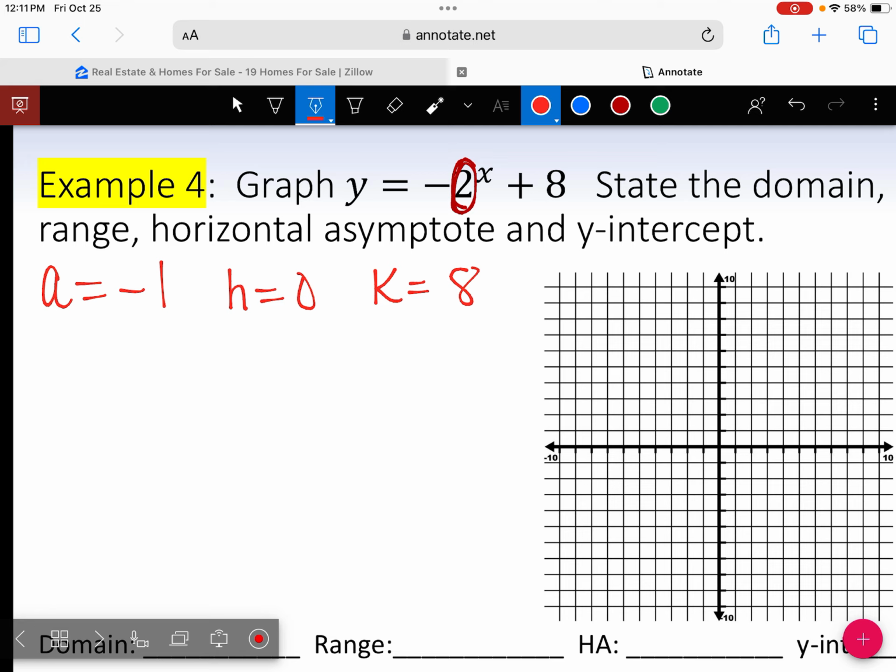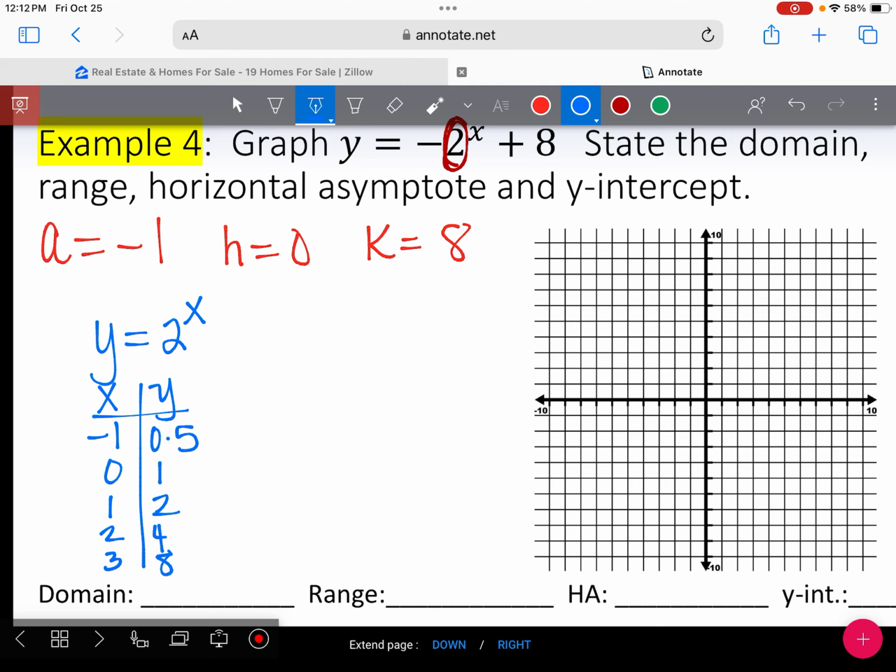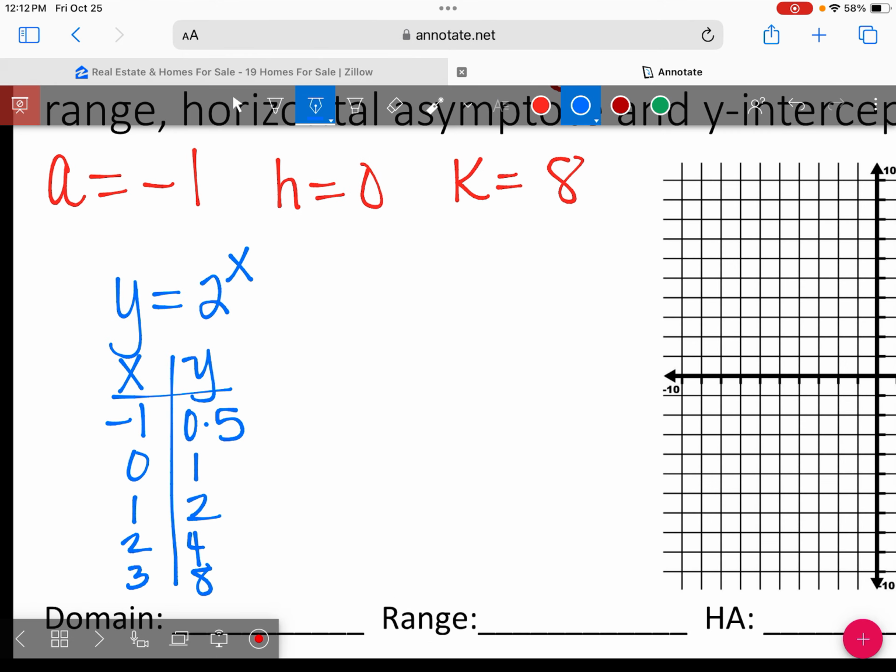So my base is 2. So we're using the same table that we used for example 1. I'll go ahead and write it again. For a base of 2, I can get 5 points. Okay, so again, you add the h to x. H is 0. So I'm adding 0, which means that this column won't change.